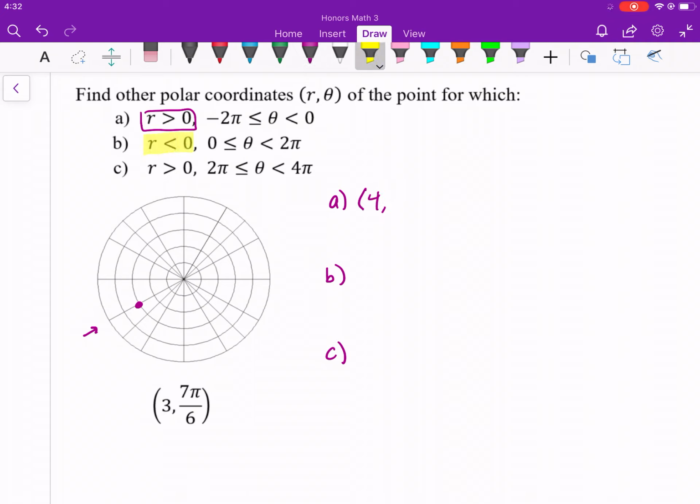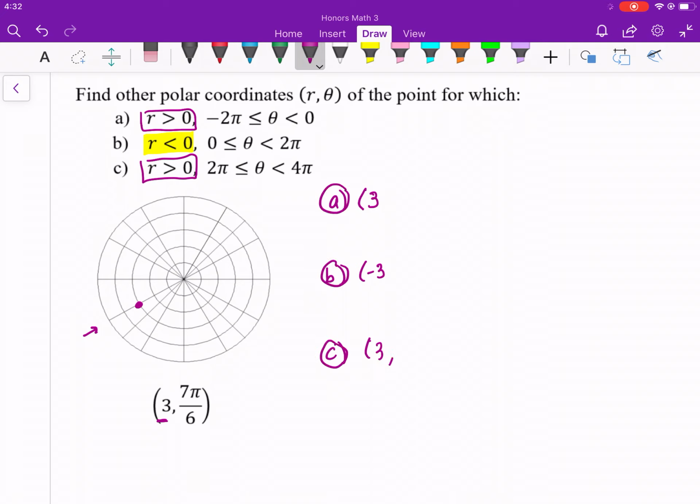B is less than 0, so it's a negative. I'm going to change that to 3's because that's the radius right here. And this other one is also greater than 0, so we're going to use a positive 3.